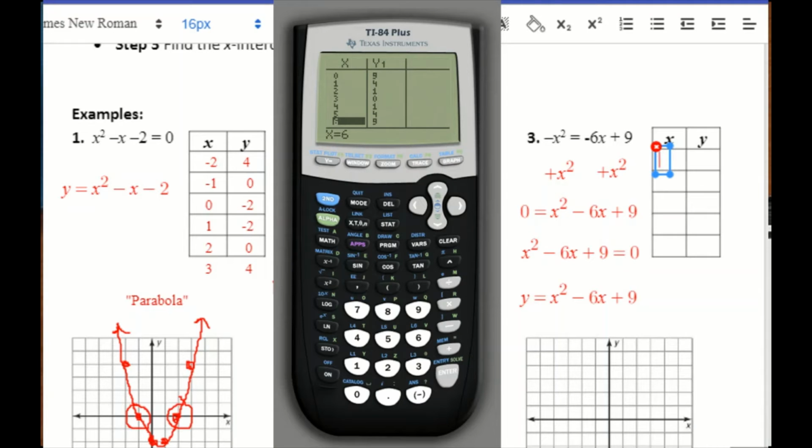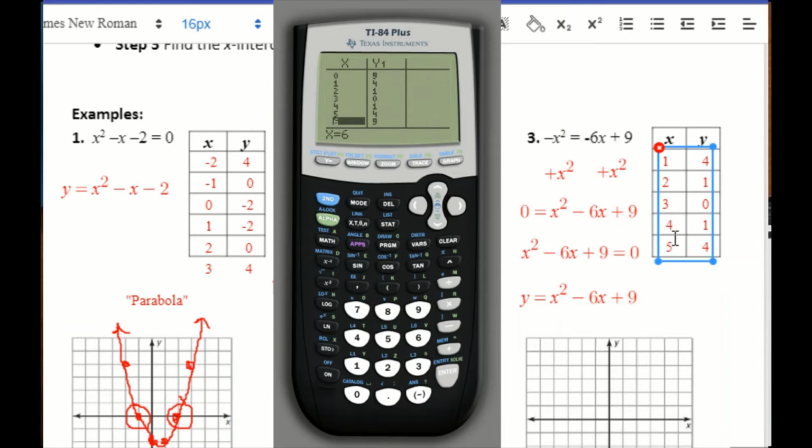We've got 1, 4, 2, 1, 3, 0, 4, 1, 5, 4, and that's probably good because we're not going to be able to fit 6, 9 on there, unfortunately.